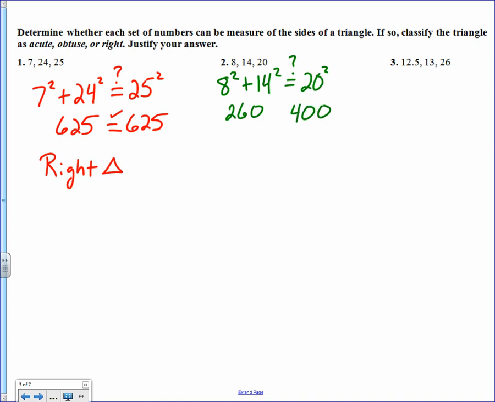And I think all of us know that 400 is bigger than 260, or 260 is less than 400. So 260 is less than. Again, remember the symbol, the side that has one point, it's pointing at the smaller part.